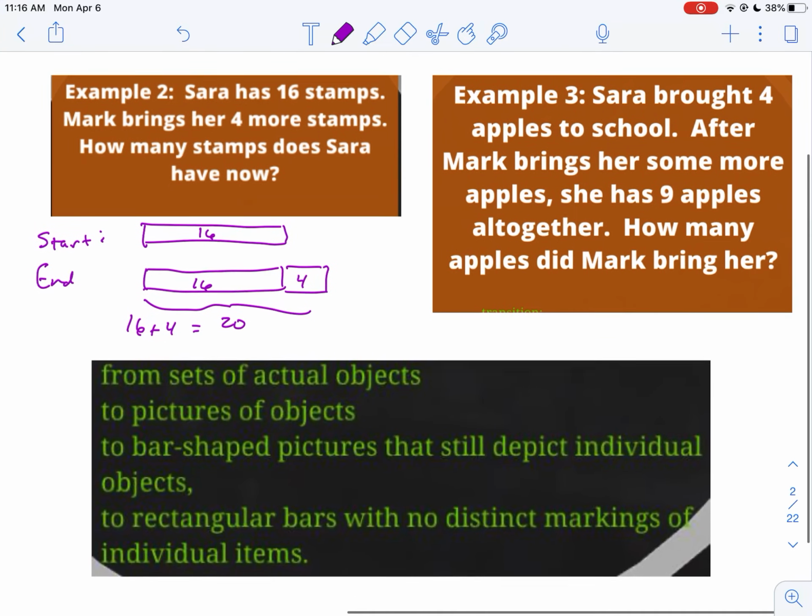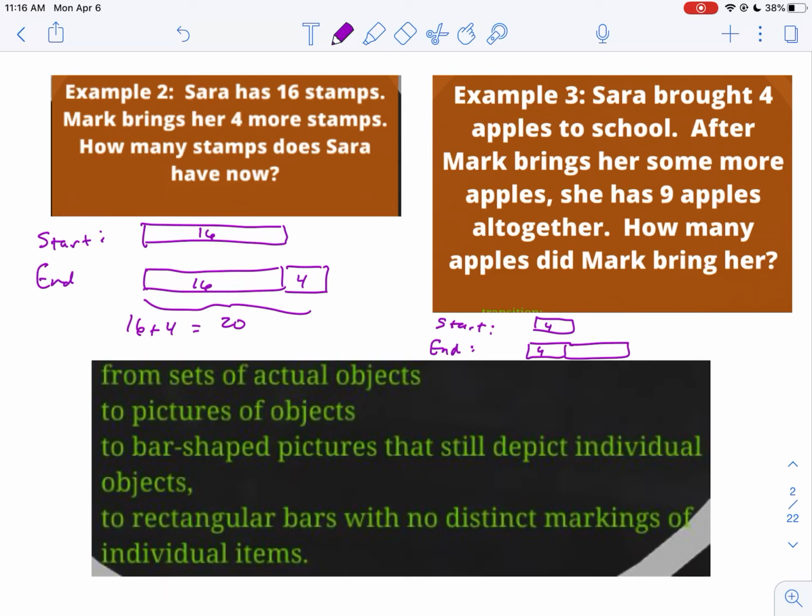Example 3 here, Sarah brought 4 apples to school. After Mark brings her some more, so Sarah has 4 apples. Mark brings her some more apples. We don't know how many he brings her, but he brings her some more. And now she has 9 apples altogether.